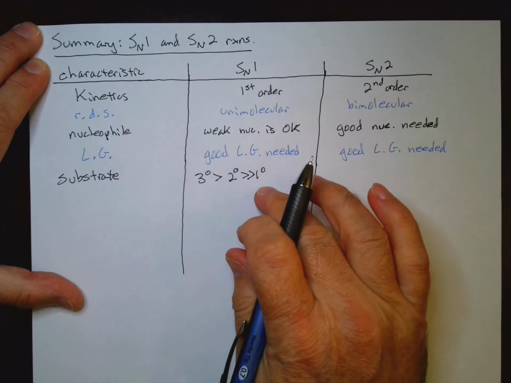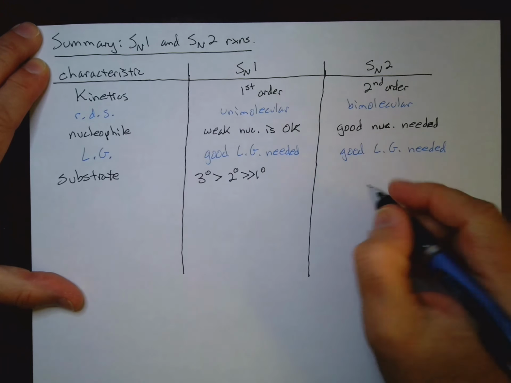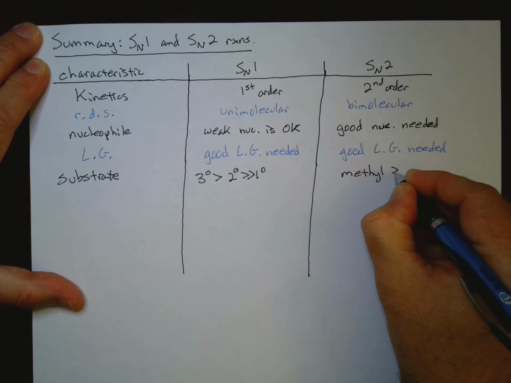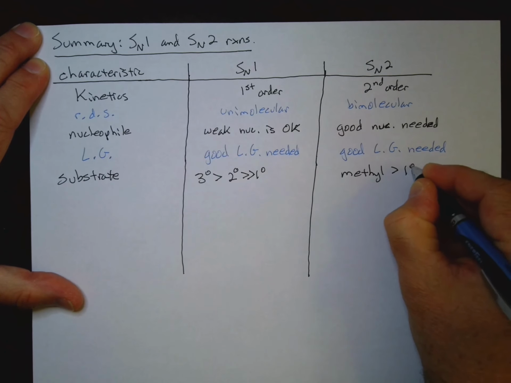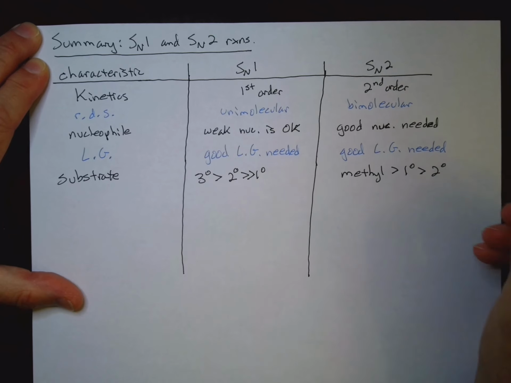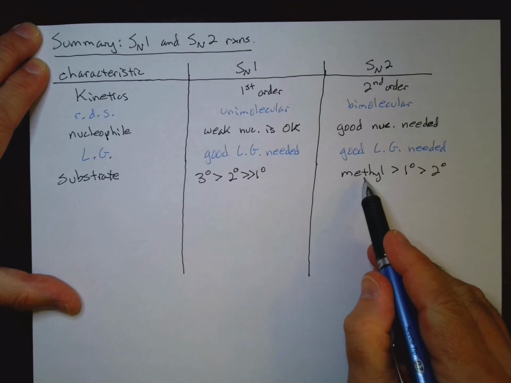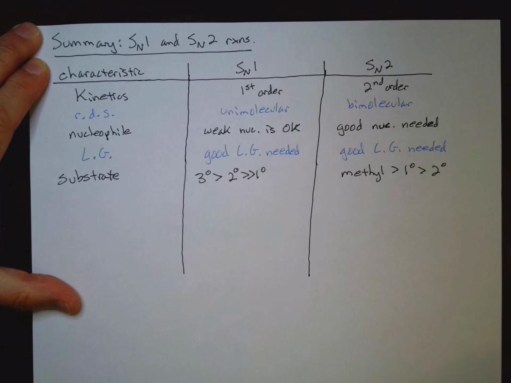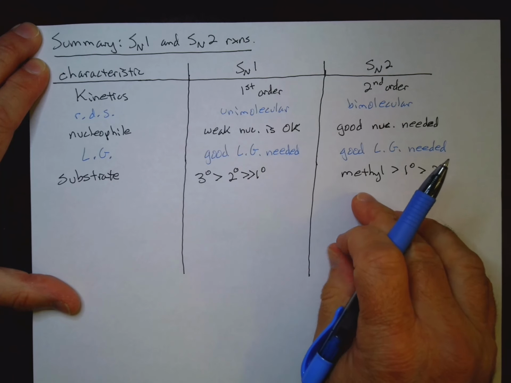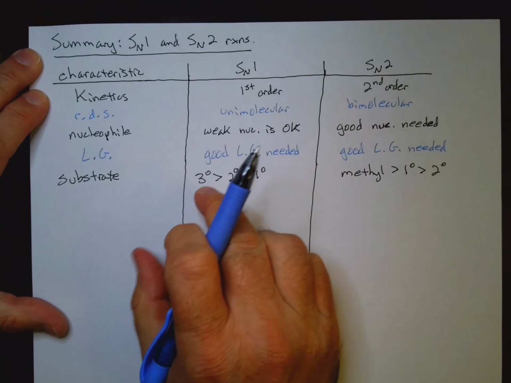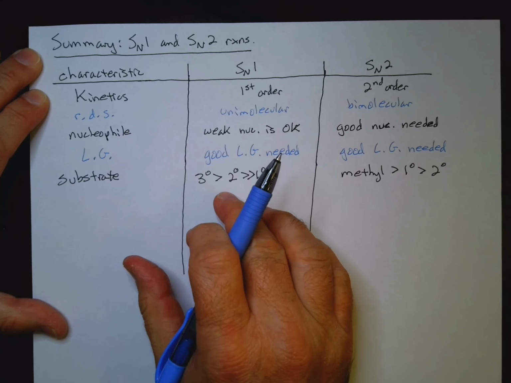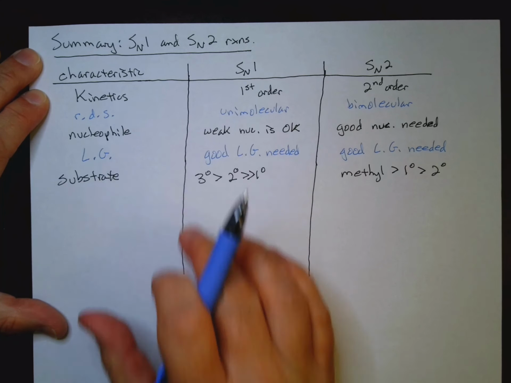And you typically don't actually get it with primary, but I'll put that on there anyway. And we see the opposite reactivity in SN2. A methyl is faster than a primary, is faster than a secondary. So less hindered is faster with SN2. The more substituents we have, the more stable the carbocation, so those would be faster with SN1.